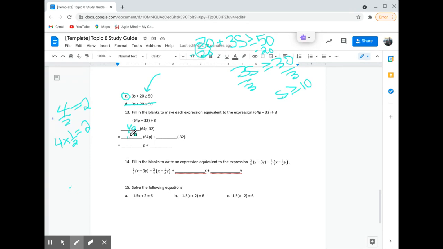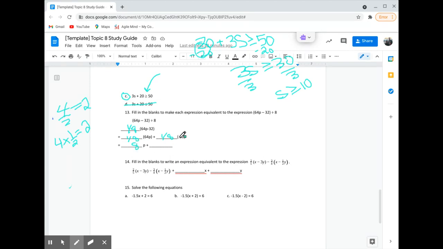We're going to write 1/8 times 64p plus 1/8 times negative 32. So what is 1/8 of 64p, or 64p divided by 8? Correct. We get 8p.